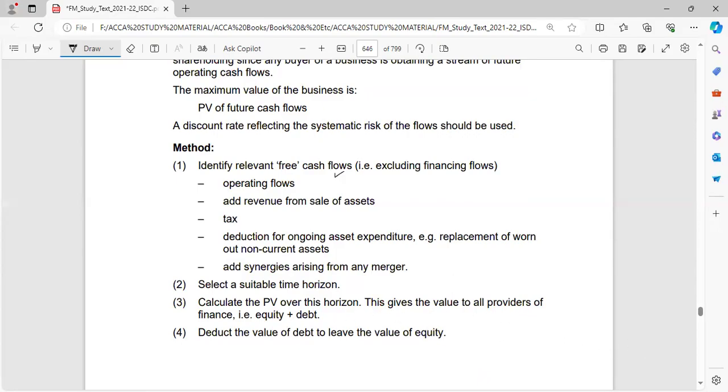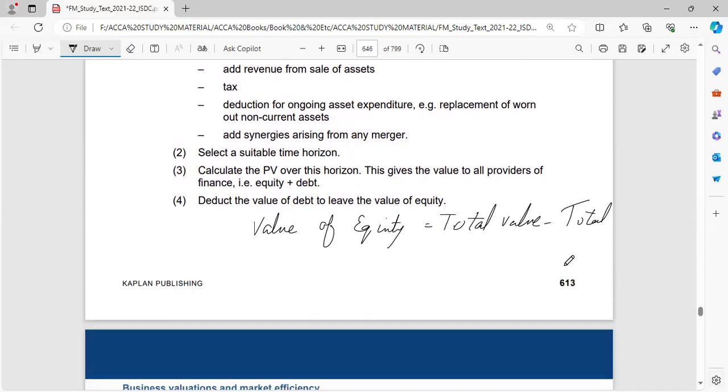This will give all and deduct the value of the debt to leave the value of the equity. Remember, value of equity is equal to total value of firm or the company minus total value of debt.